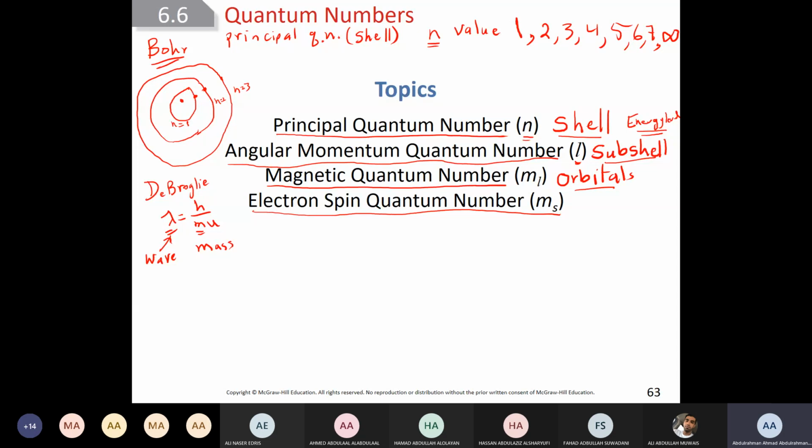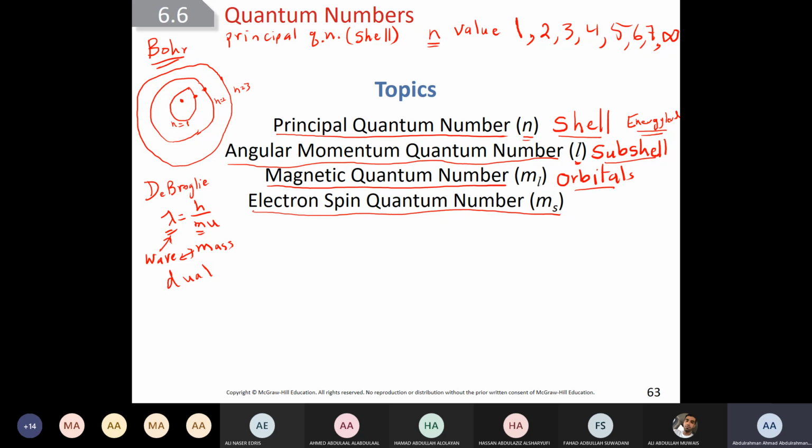We can change mass into waves, and we can change waves into mass. What's this called? The de Broglie equation. But what's the name of changing wave to mass or mass to wave? Dual function. Is this clear? Is this easy?